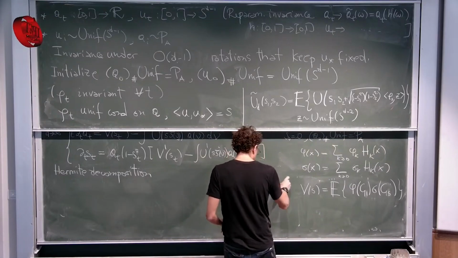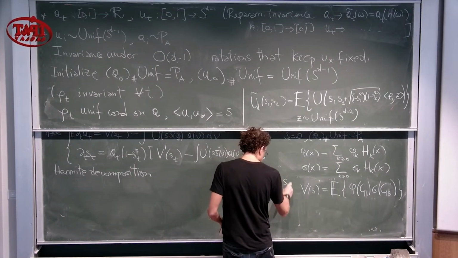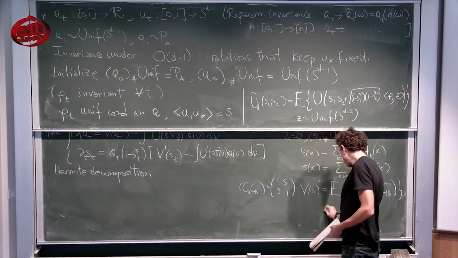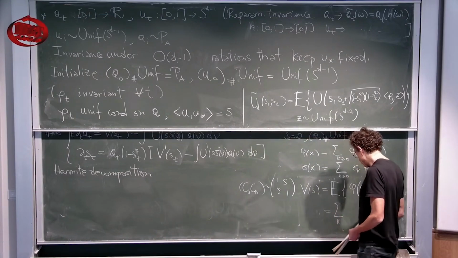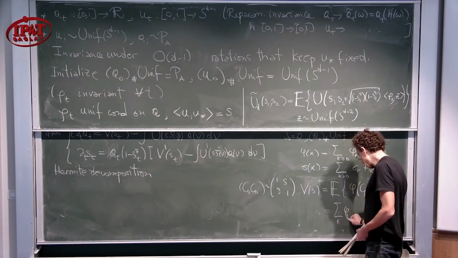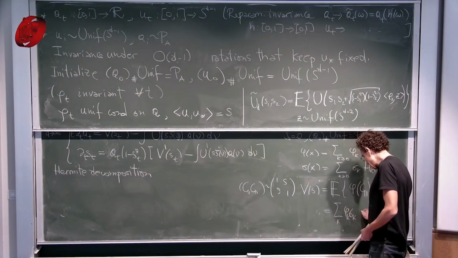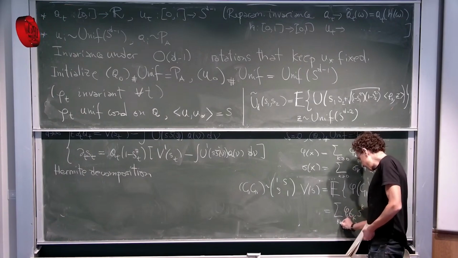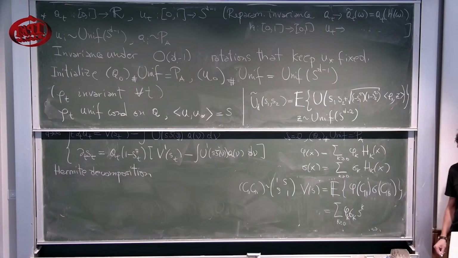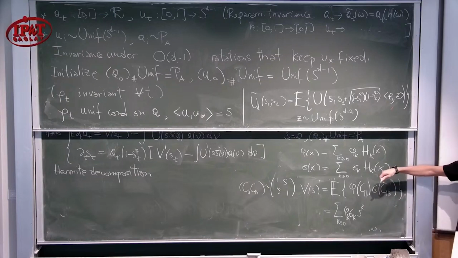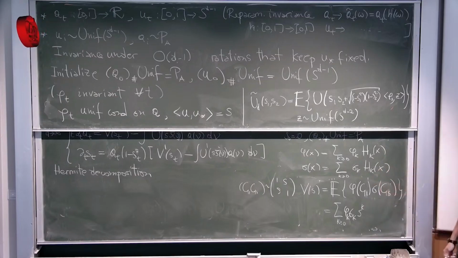So this is correlation S. So a property of these polynomials is that this is the sum over k of phi_k sigma_k s to the k. It's just the Hermite polynomials diagonalized.